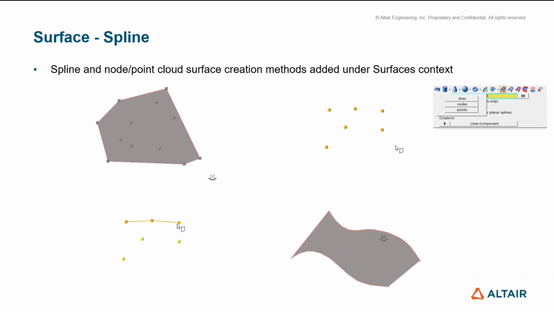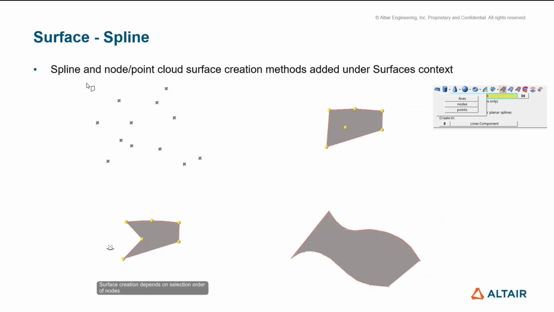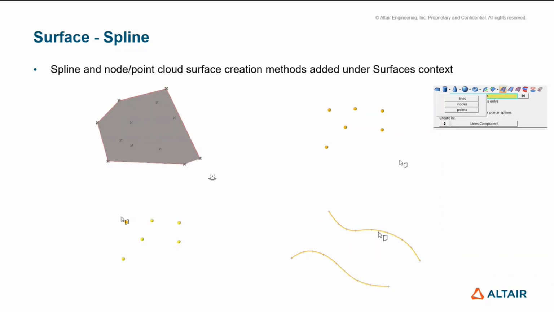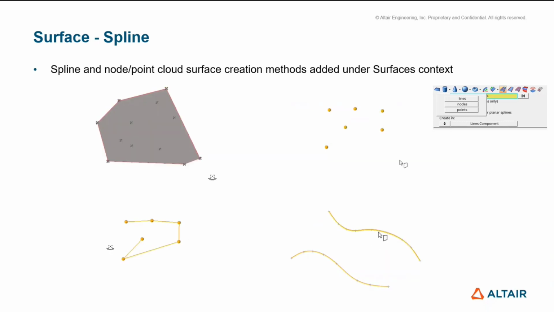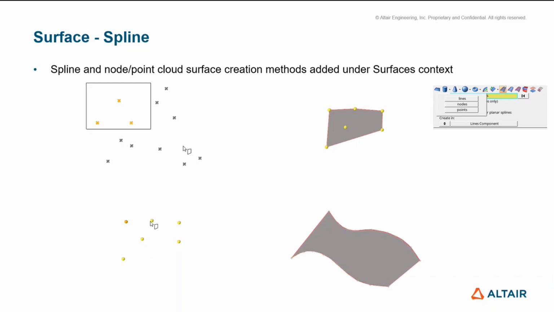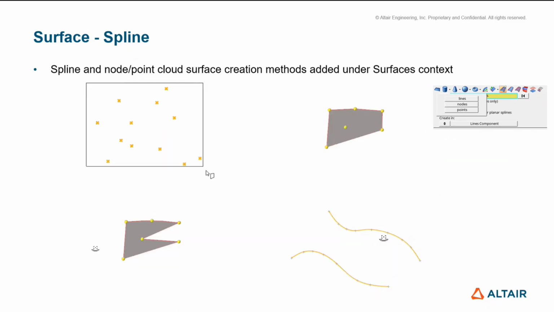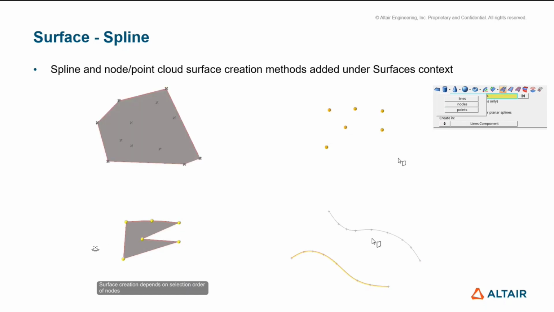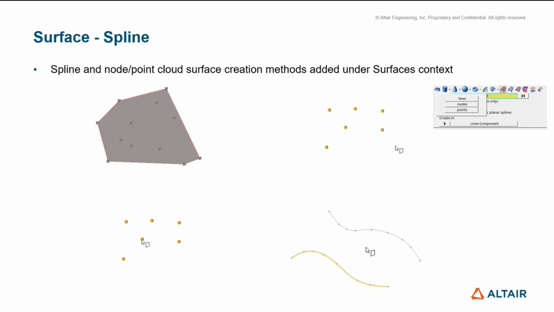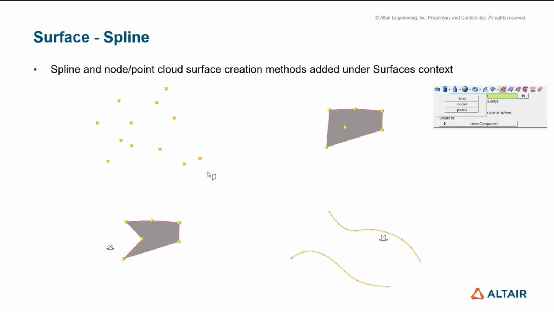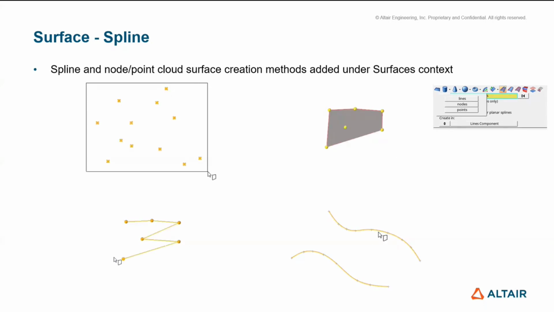You can also select nodes in an order. On the bottom left corner, you can see how the surface would be created, and the surface creation also depends on how you pick the nodes, as is shown in the GIF file. And on the bottom right, by just selecting lines, you could create a spline between these. We will be supporting the create mesh option in the following version, but for now we have just added support for creation of the surfaces or the geometry.